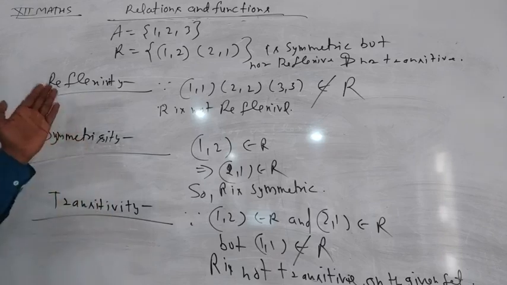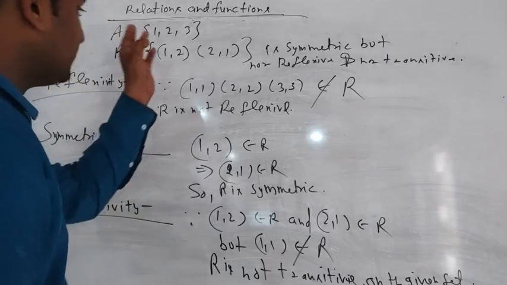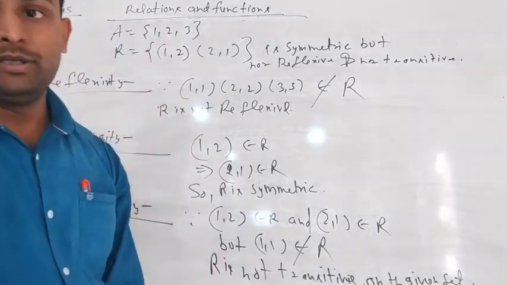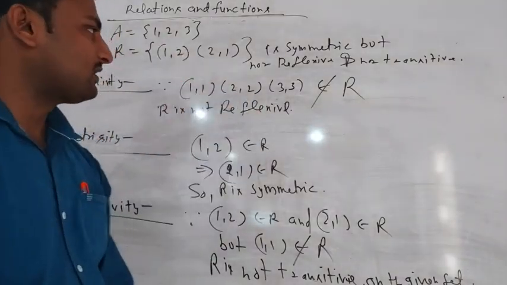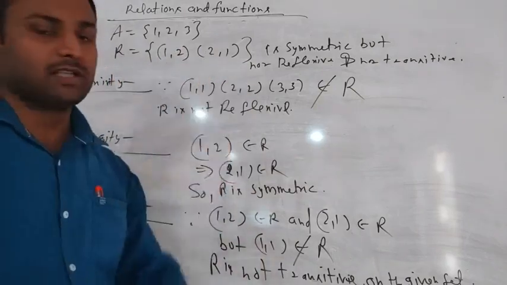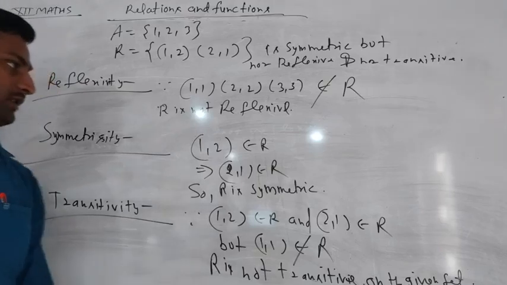Because in reflexivity, students, we know that there must be (a, a), that is (1, 1), (2, 2), (3, 3) belonging to R, but there is no such element belonging to R. Okay, so R is not reflexive.